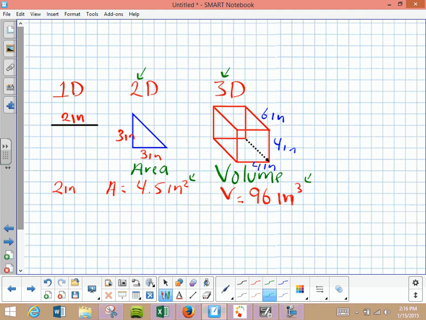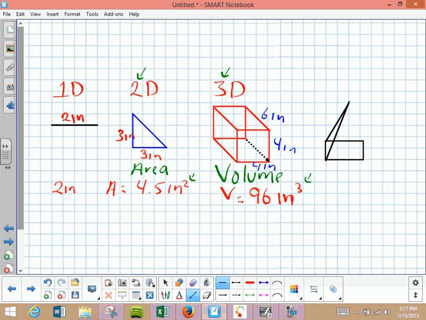For the pyramids, I'm going to use one of these. This might not work the way that I want it to, but let's try. All right, that's a pyramid, right?